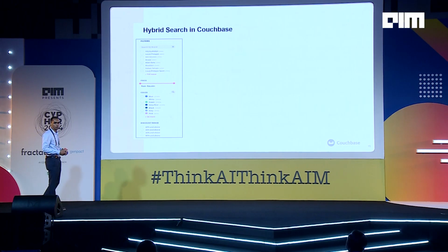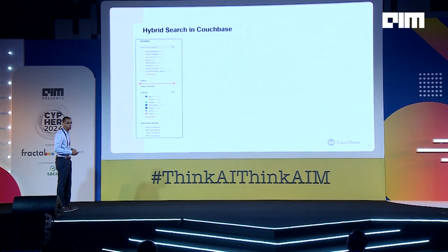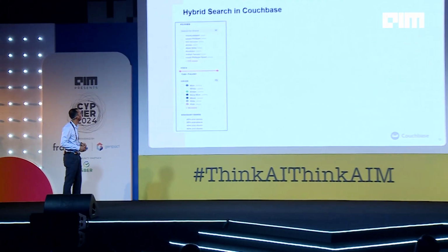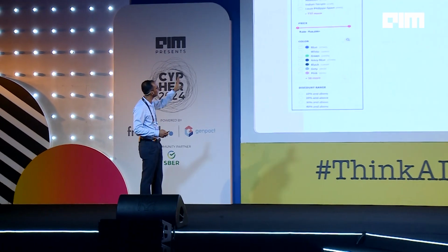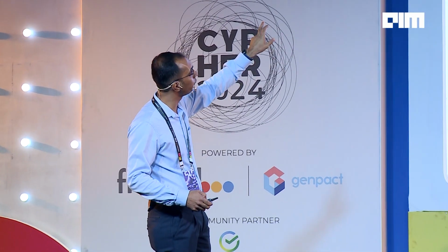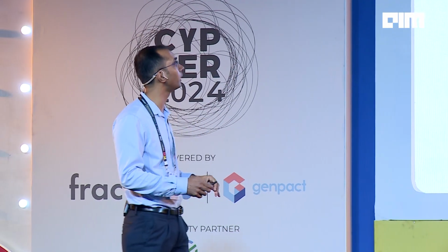Now let's look at how hybrid search would look if you used Couchbase, just to make it real, right? For the same use case, I'm creating a text index for the brand. I'm saying on the brand field, build a text index. The analyzer is standard, let's leave it for now, just to not digress from the discussion.